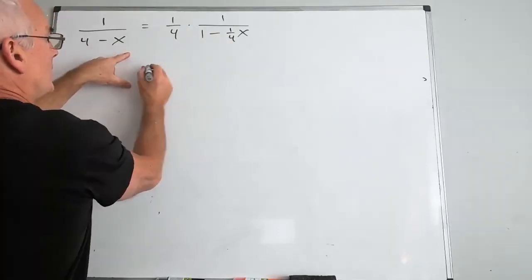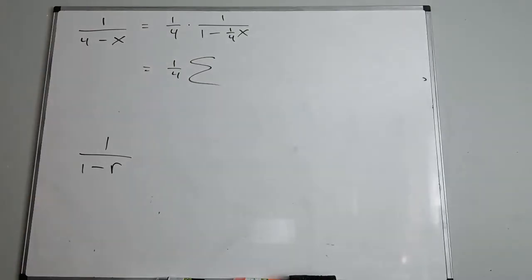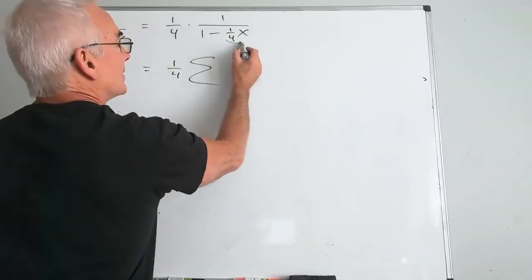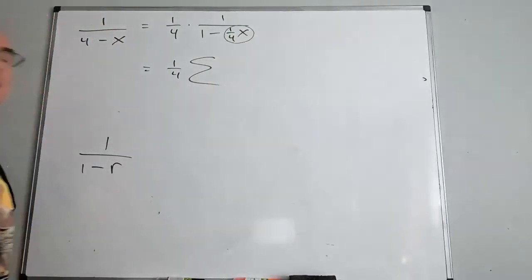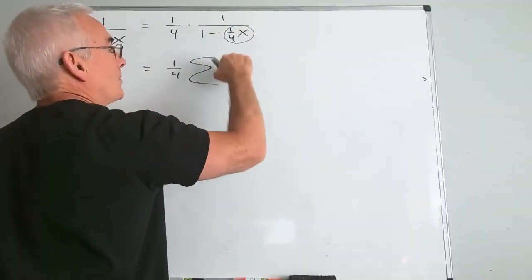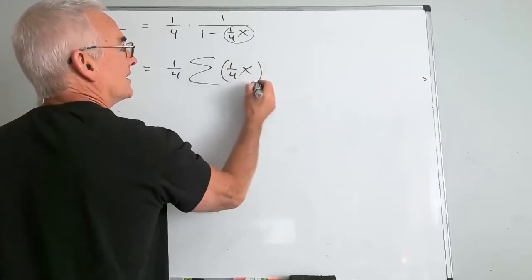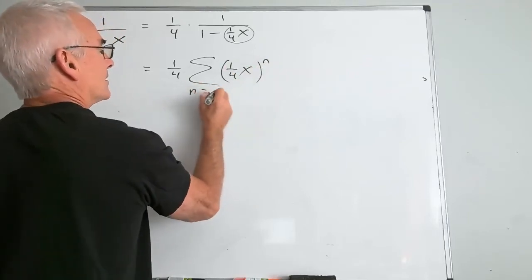So what do I do with the 1/4? I don't do anything with the 1/4. It's not going anywhere, but it's not part of the power series. Does everyone see that this is my R? This is of the form 1 over 1 minus R. So what must go right here? 1/4 x to the nth power.